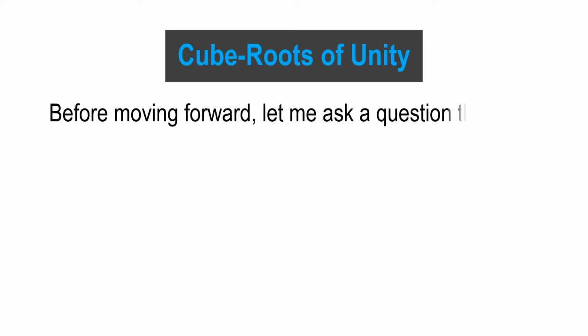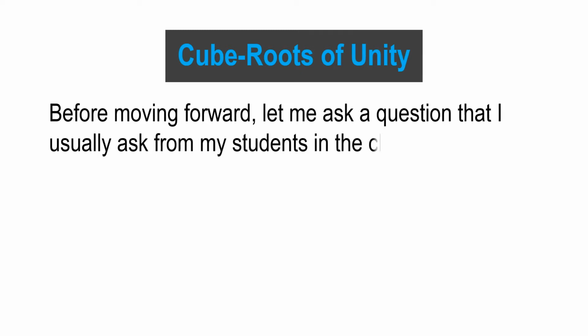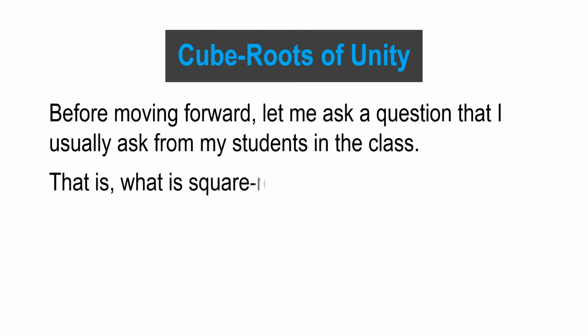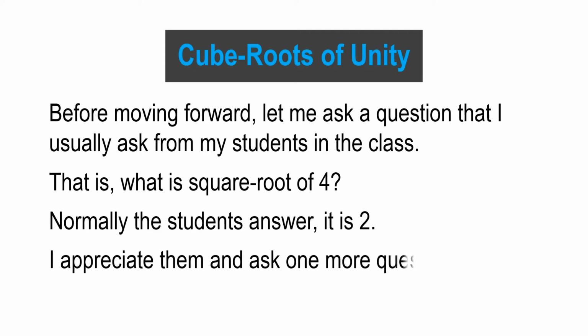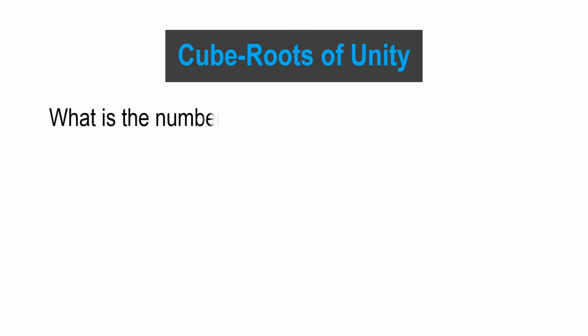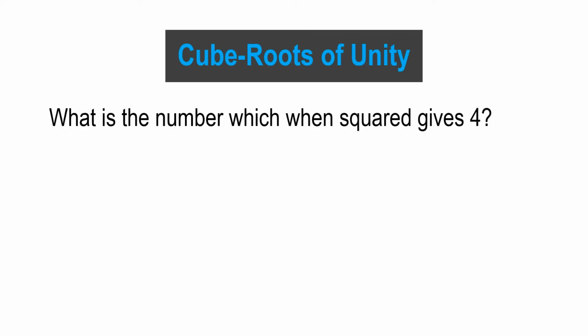Before moving forward, let me ask a question that I usually ask my students in the class. What is square root of 4? Normally the students answer it is 2. I appreciate them and ask one more question. What is the number which when squared gives 4?